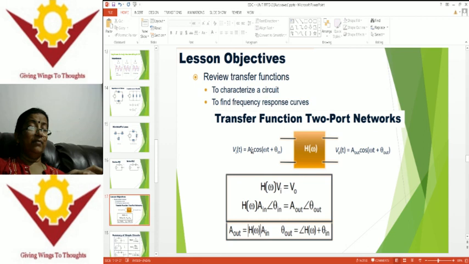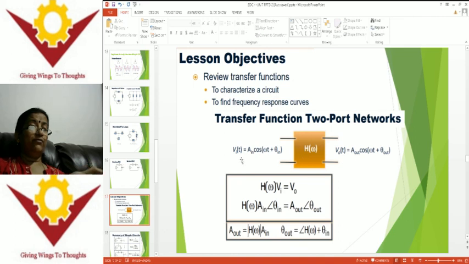This is the magnitude of the input voltage, omega is the angular frequency, and theta is the phase angle. Similarly, the output voltage V naught of t is equal to A out cos of omega t plus theta out.